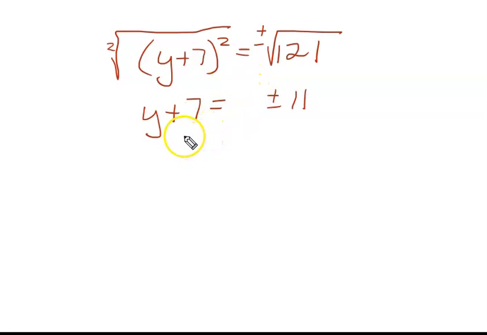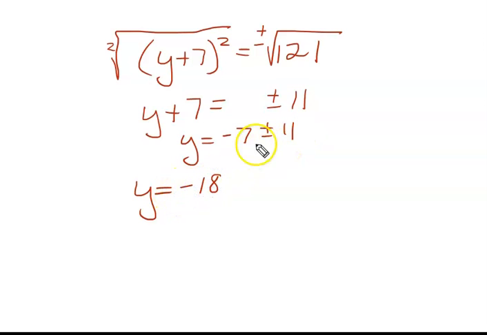Transpose the 7, and you get y equals negative 7 plus or minus 11. So y is negative 7 and negative 11, which is negative 18, and negative 7 and positive 11, which is positive 4.